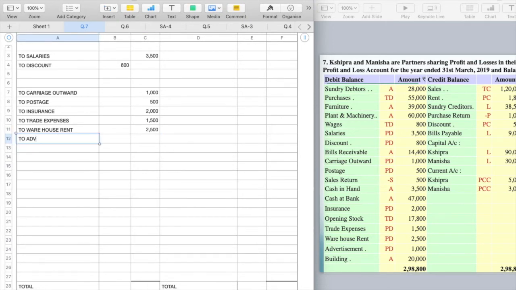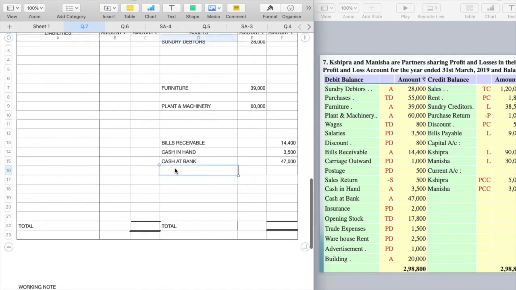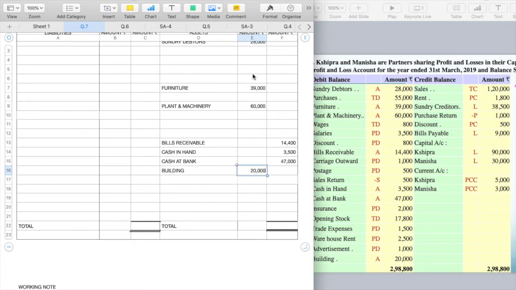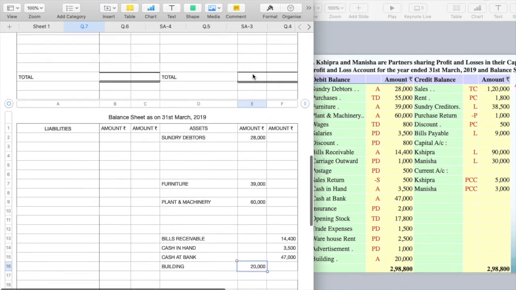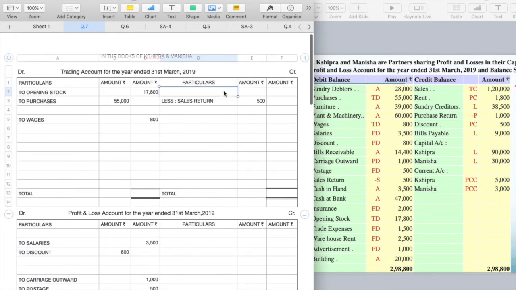'To advertisement', 1,000 inner column as there is one adjustment, and building will go to assets and there is an adjustment, so 20,000 inner column. So we are done with the debit side. Now let us start the posting of the credit side. First thing is sales. So trading account credit side, 'By sales' 1,20,000.